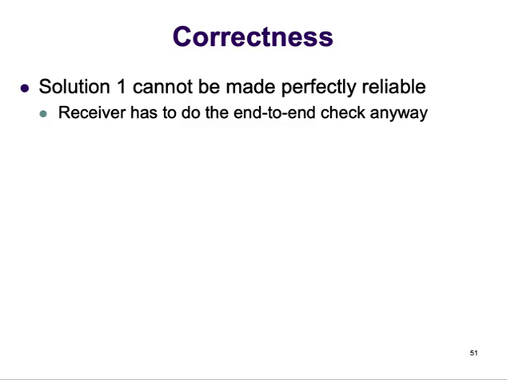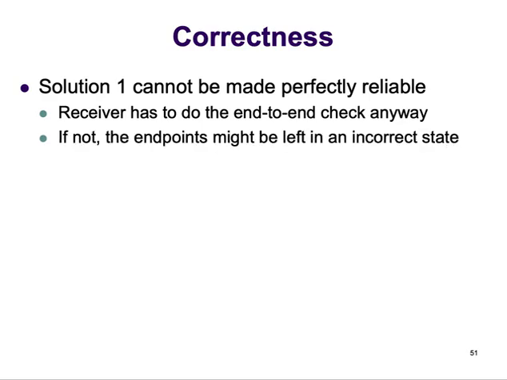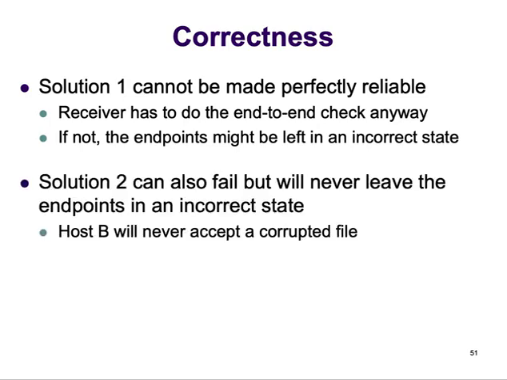Because that's the only way to actually make sure that the file that reached host B is the same as the file that was at host A. So you're going to have to do that check in any case, or if you don't do it, the endpoint could be in an incorrect state. What I mean by this is that host B has accepted a file that is actually corrupted. Does that make sense as an argument?